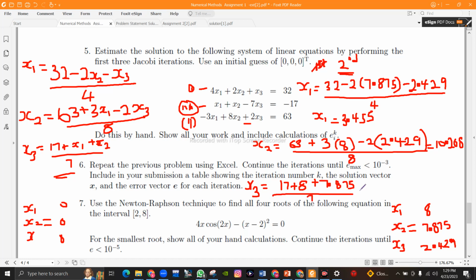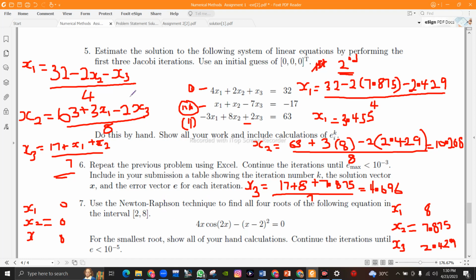If you calculate that, our x3 will become 4.696.